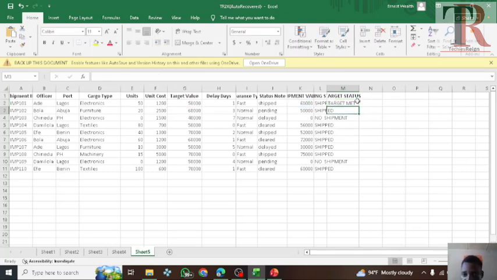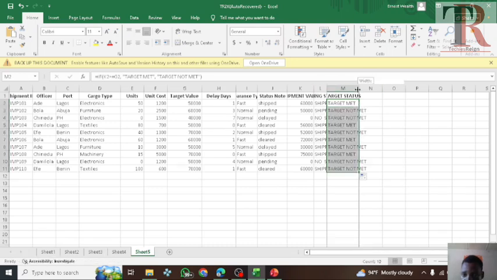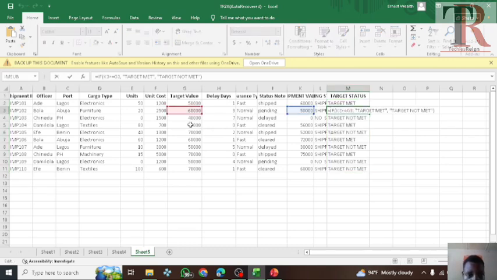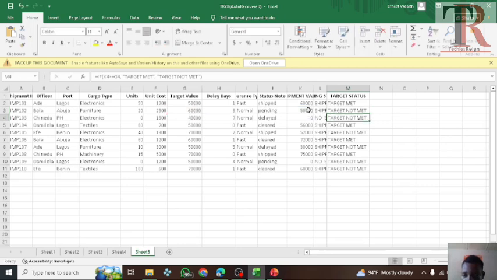So here we have target met, and once you fill that, we have target met, target not met. Here target is not met because target value is 60,000, what was sold was 50, so the target is not met. Here the same thing, 40,000, yes, shipping value is 0.